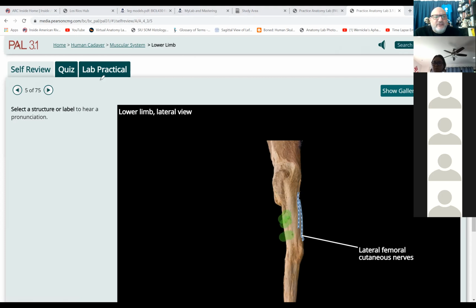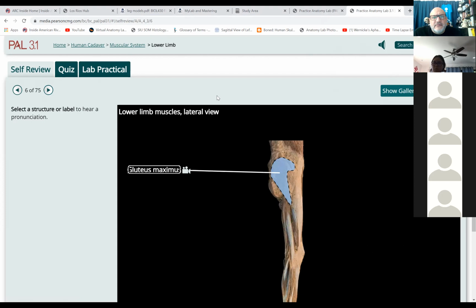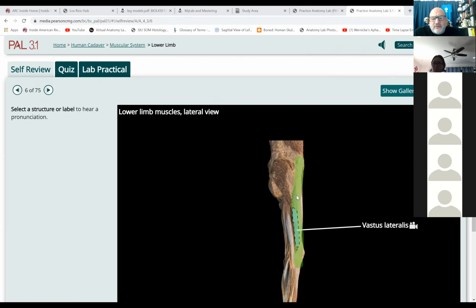But notice in the next picture, it's been removed, but what we can still see is the iliotibial band. Notice the iliotibial band can still be seen. So we can see that really nicely on here, and I assume, nope, just showing the muscles. But we can see that pretty nicely there.